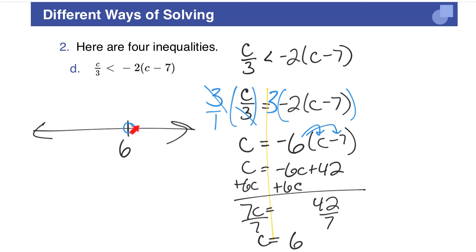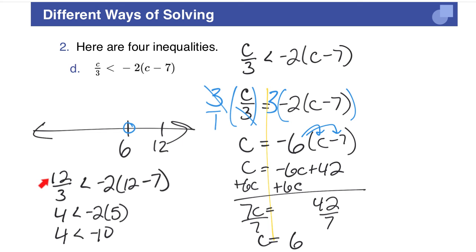So that's my boundary. I mark it with an open circle because my inequality is just less than. And this time, as a point to test, I'm going to pick something other than 0. I'm going to pick 12. And I picked 12 because it's divisible by 3. So I'm going to plug in 12 for c into the original inequality, and I'm going to see if it makes it true. Here's where I plugged in 12 for c.